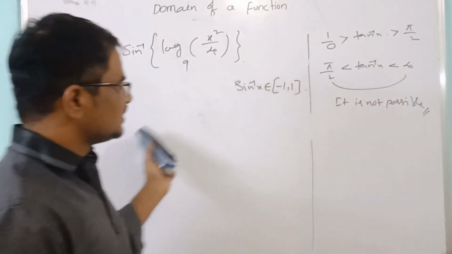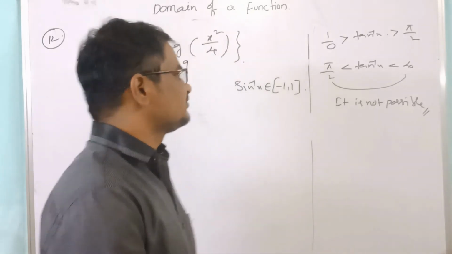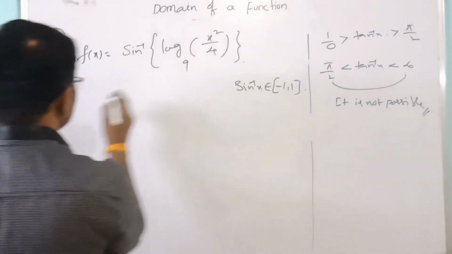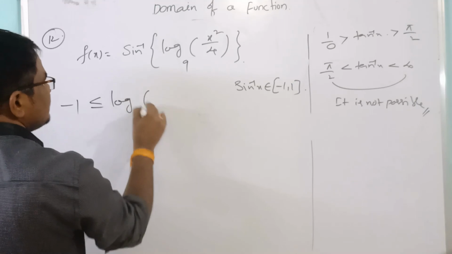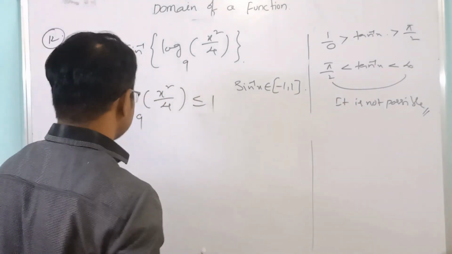So this previous problem and this problem both belong to inverse trigonometric functions, right? Now, that's why what we can take is minus 1 less than or equal to log of x square by 4 to the base 9 less than or equal to 1.